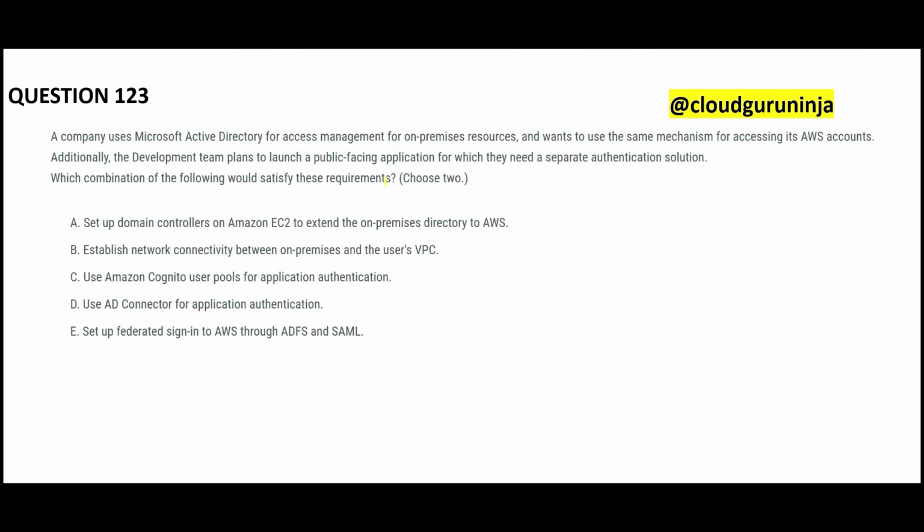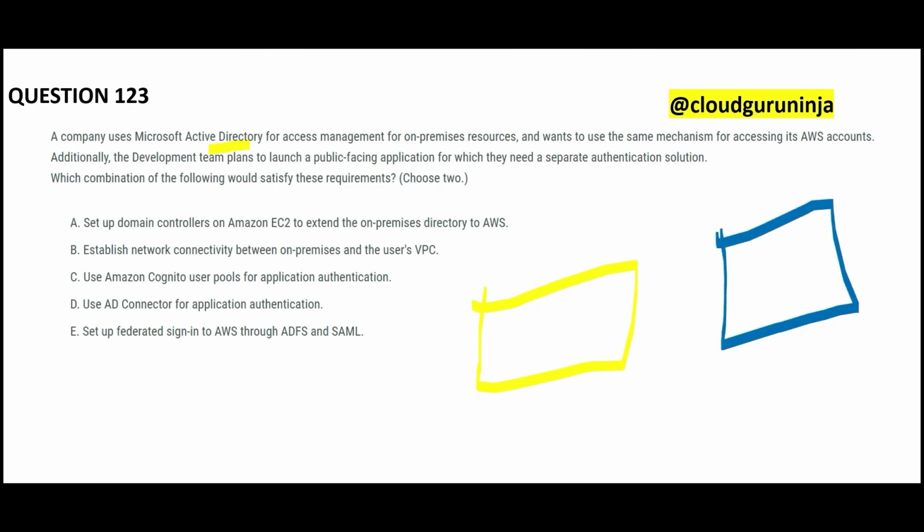Let's look into this question. You have Active Directory. So this is your on-premises, okay, and this is your AWS environment. This green box is your Active Directory, which is on premises, and then you want to make sure that AWS accounts also use that.